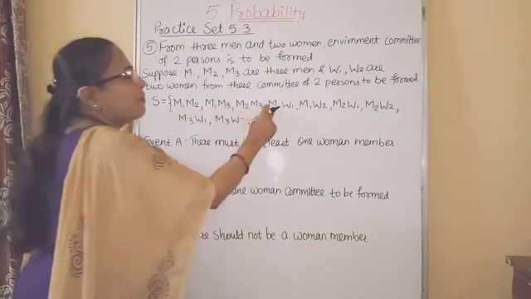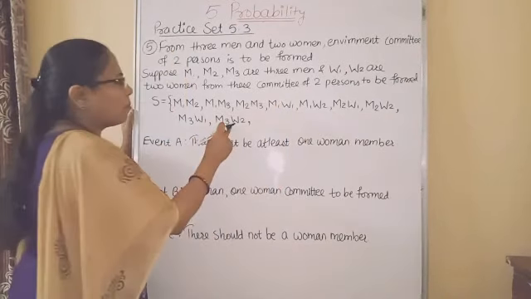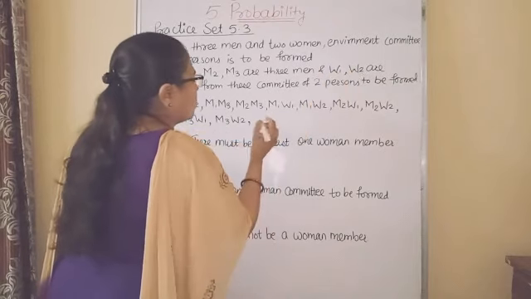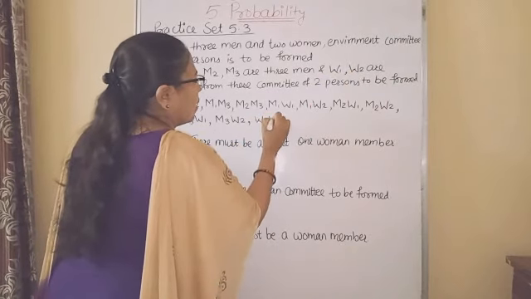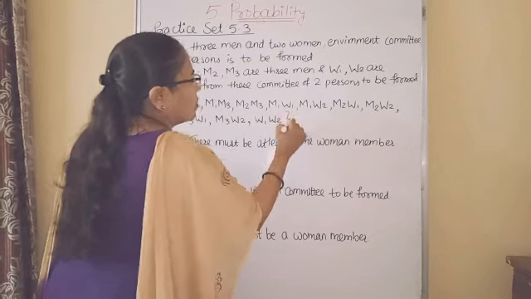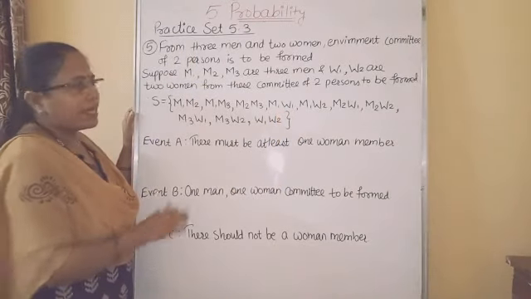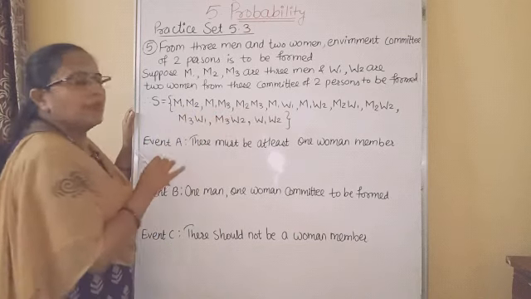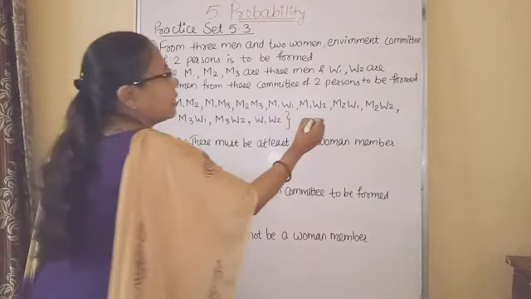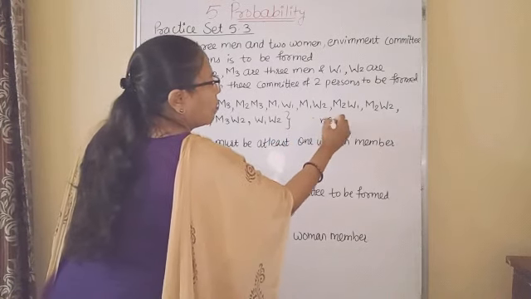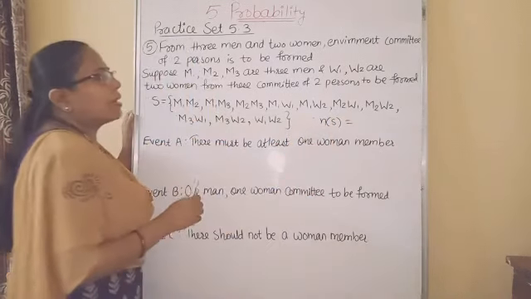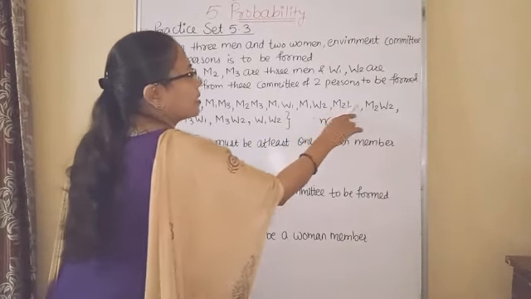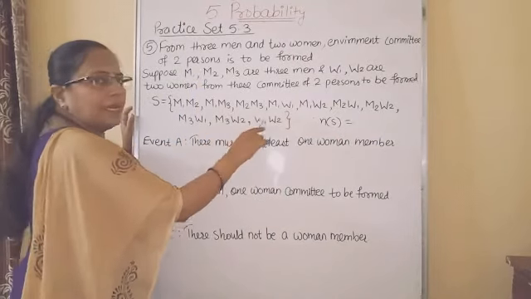Both men, and 1 man 1 woman, the possibilities were completed. Now the last possibility is both the women. W1, W2. Close the bracket. Okay, so these are the possibilities that a committee of 2 persons we can form. Therefore, N of S is equal to, how many committees can we form? 1, 2, 3, 4, 5, 6, 7, 8, 9, 10.